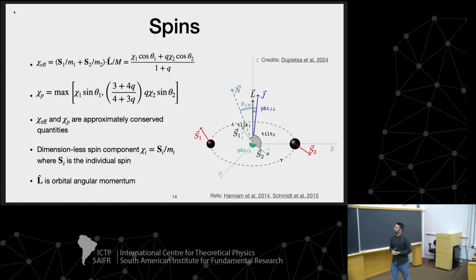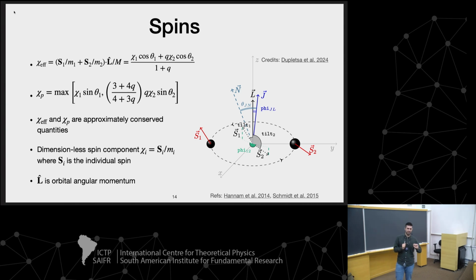Spins. Let me introduce spins because it's a tricky matter in gravitational waves. As I told you yesterday, you have two vectors basically, and so basically 6 components. What is usually done in this type of analysis is to define two combinations, chi-f and chi-p.